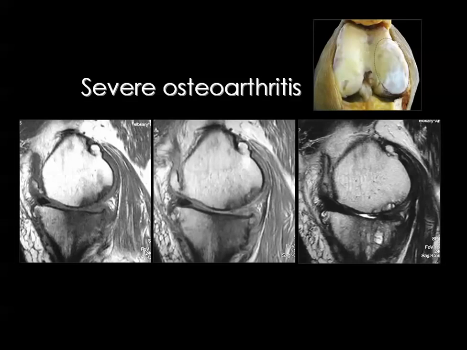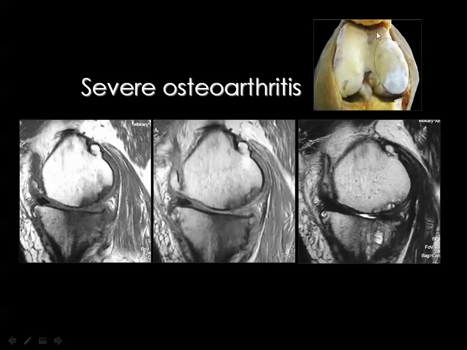And degeneration of the cartilage is one of the common manifestations of osteoarthritis, especially in advanced cases. And here you can see an arthroscopic or cadaveric picture where you can appreciate what we mean by degeneration of the cartilage, or the commonly written word in the report, denudation of the articular cartilage.